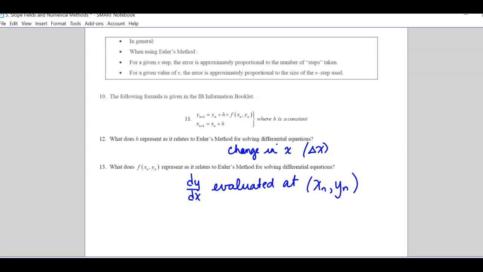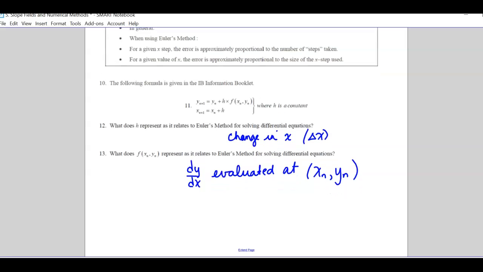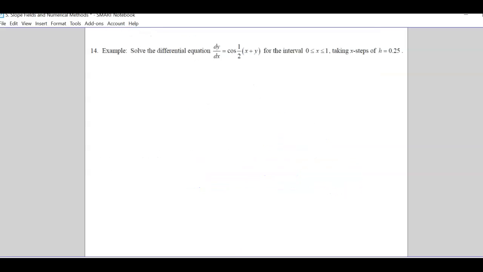Chart just like the last one, or the last one here. Solve this, taking steps of h equals 0.25. So this one you do have to set up your chart, but if I put it on a test, I'm going to have the chart for you. You want to do the same thing here as we just did. There's not a whole lot of space, so you might want to get a separate piece of paper, and make up your chart.